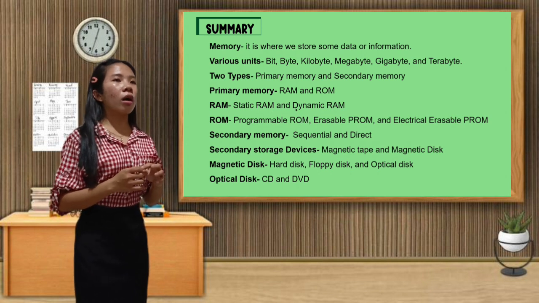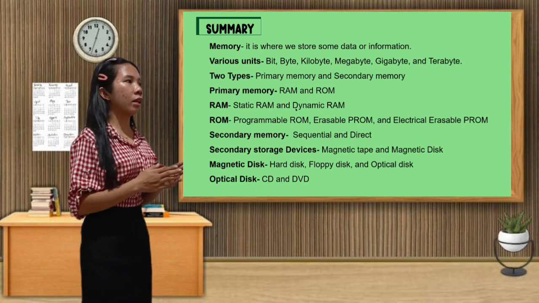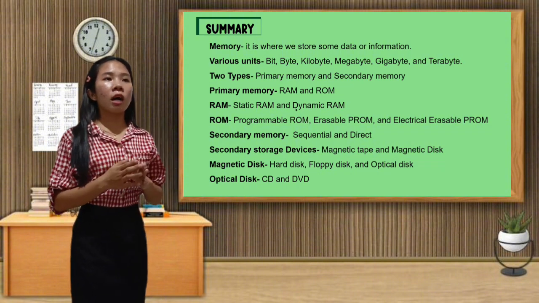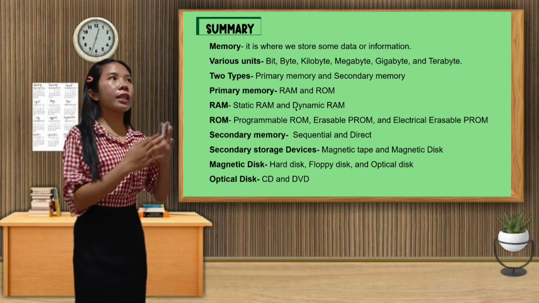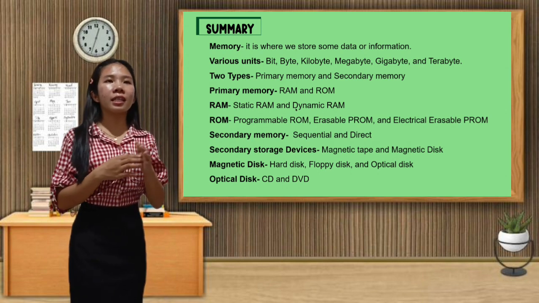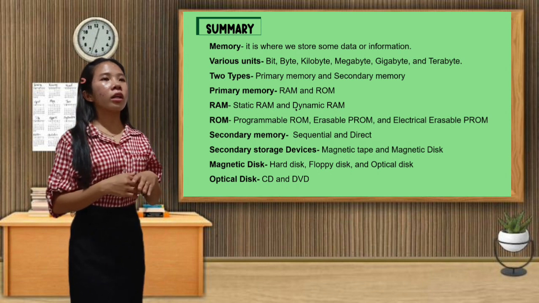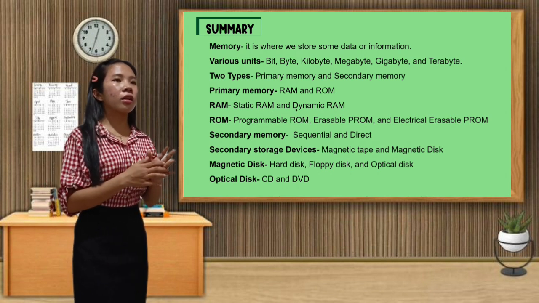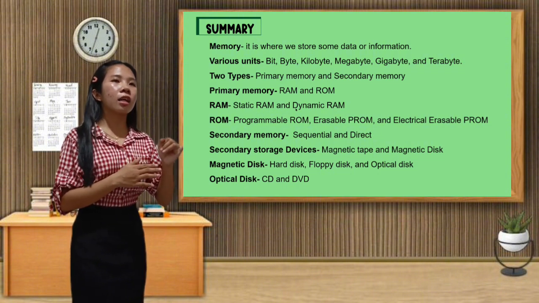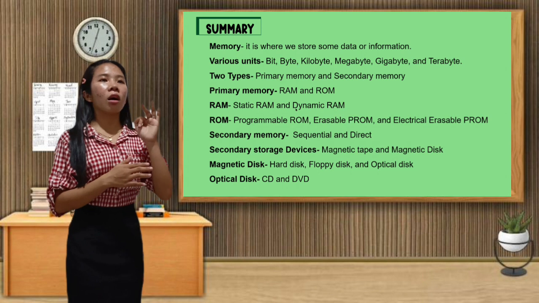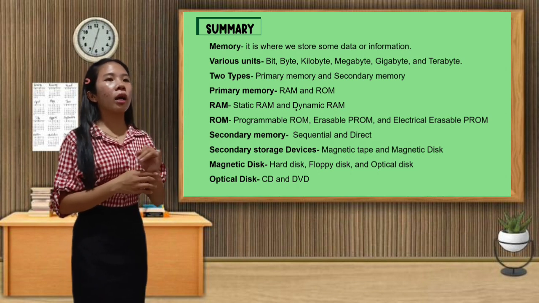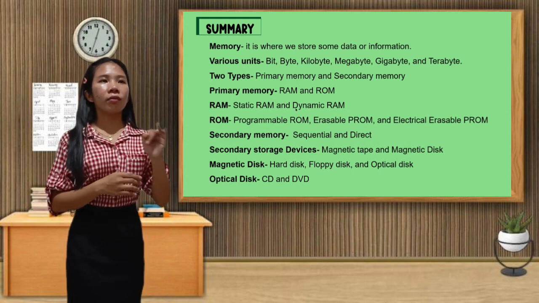And we also have secondary devices, which is the magnetic tape and the magnetic disc. So under the magnetic disc has hard disk, floppy disk, and optical disk. Under the optical disc, we have CD and DVD.